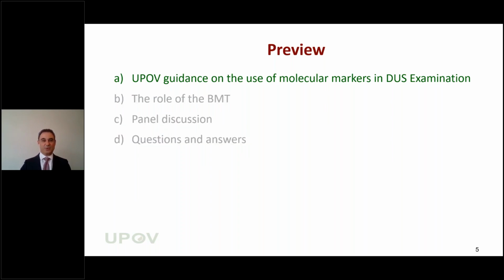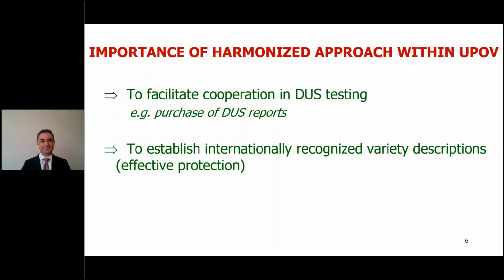The first part of this webinar will explain briefly UPOV guidance on the use of molecular markers in DOS examination. Before doing so, I'd like to recall the importance of a harmonized approach within UPOV. The mutual recognition of DOS test results, cooperation in DOS testing, and exchanging test results depend on this harmonized approach within all UPOV members.